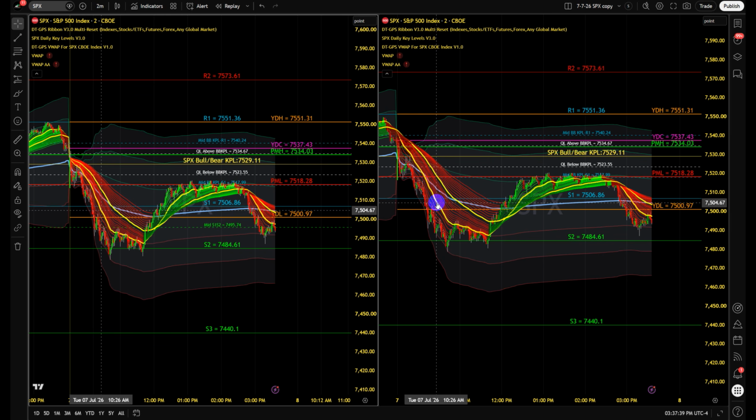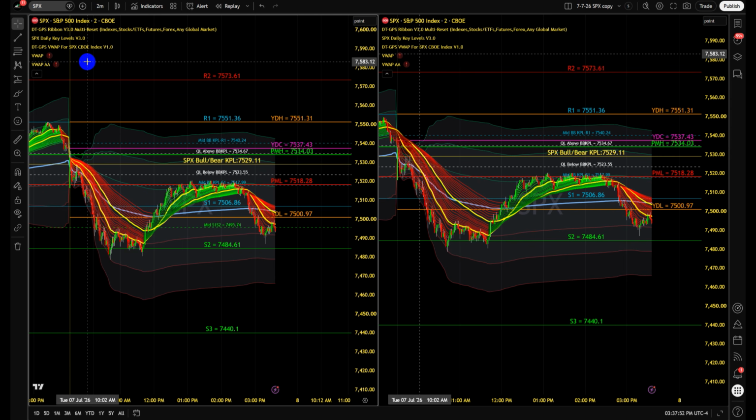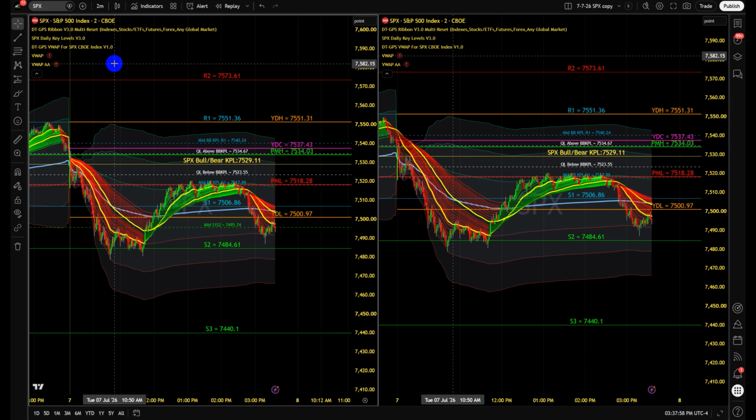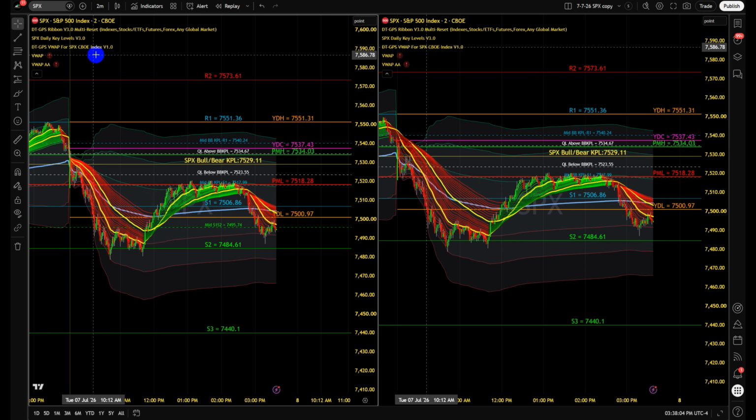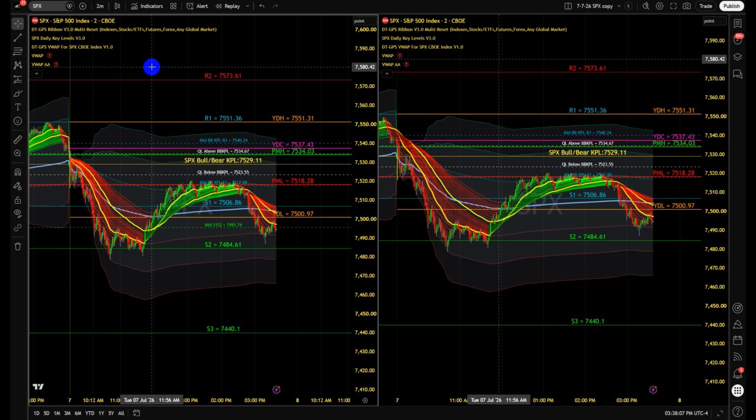Okay, so to start off, I just want to explain why we have a VWAP indicator as part of our suite. You'll see here that we have the two native VWAPs that are built into TradingView: VWAP, volume weighted average price, and then also VWAP auto anchored. And you'll see that they have red exclamation points. What that means is no volume data. So it's not a TradingView platform issue.